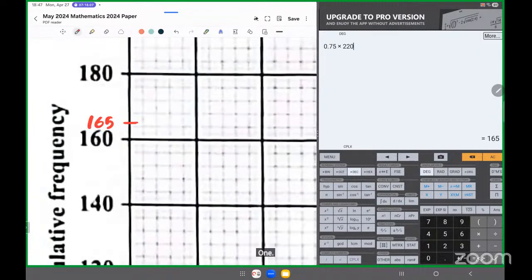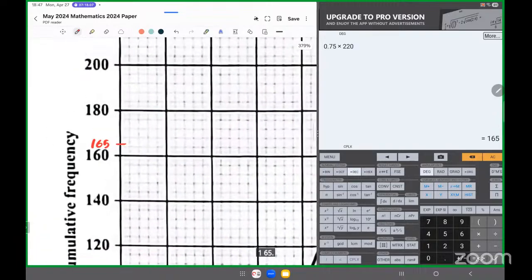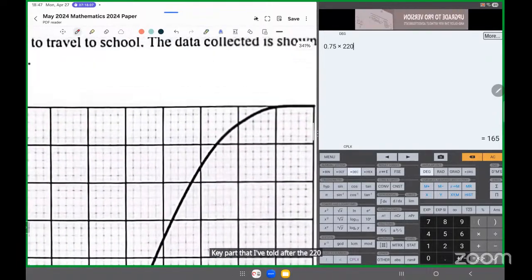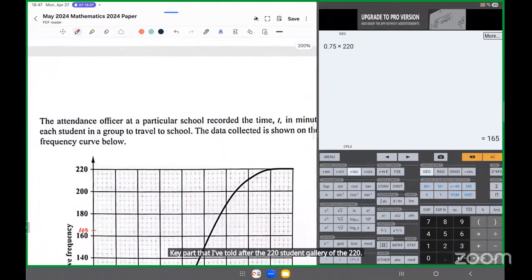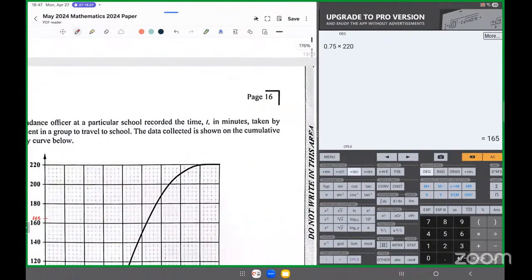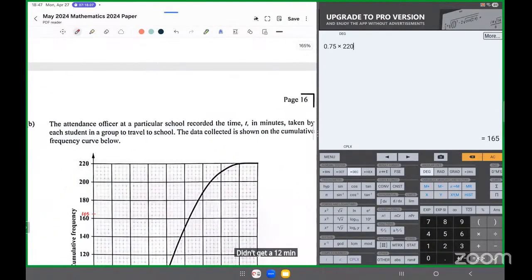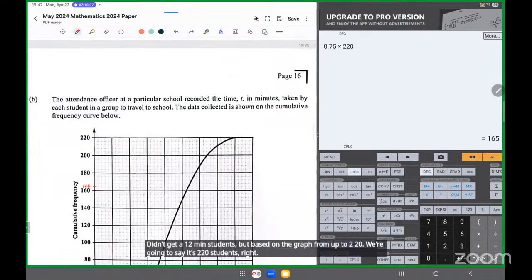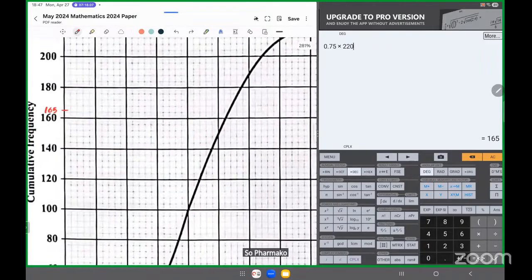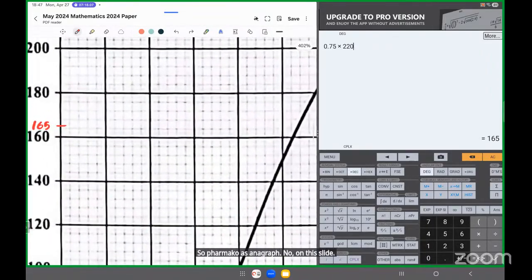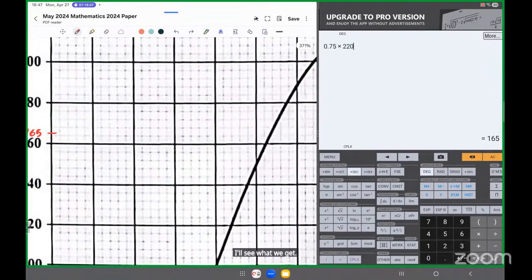165. Right? 3/4 of 220. It was actually 220 students all the way up to 220. It didn't tell us how many students, but based on the graph, we come up to 220. We're going to say it's 220 students, right? So come across on the graph now on this line and see what we get. Straight across here.